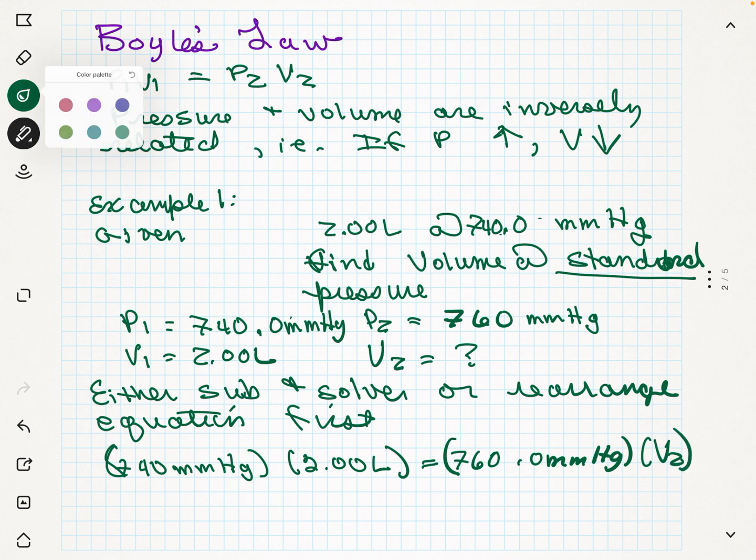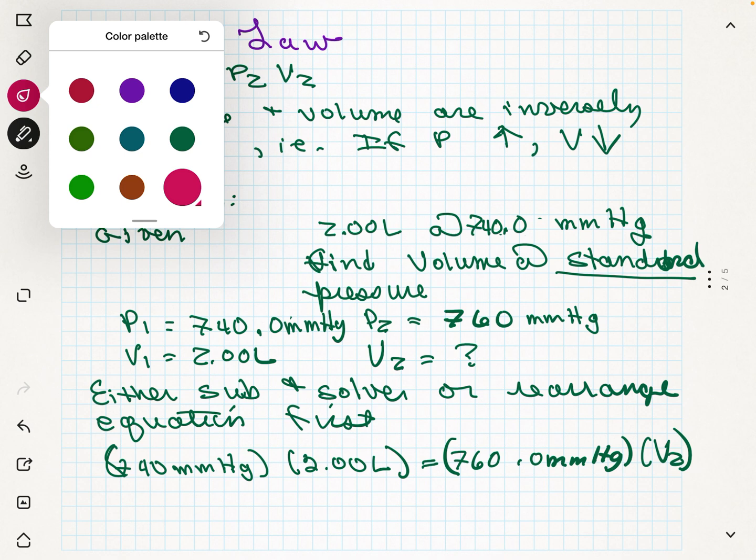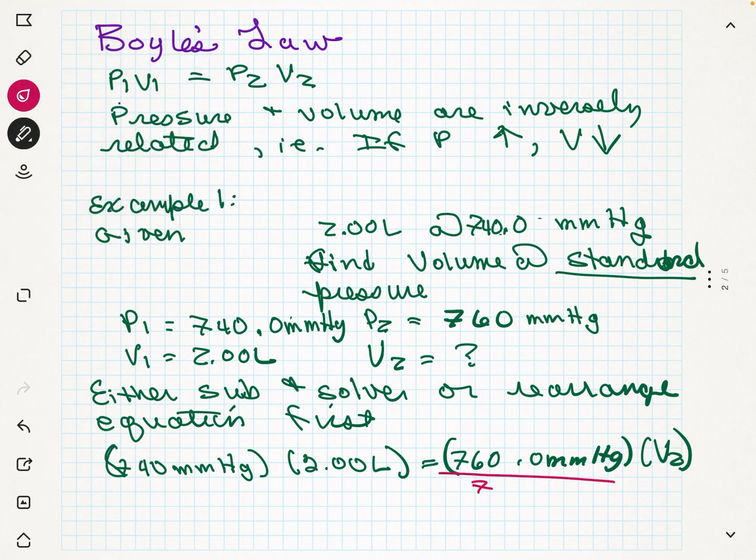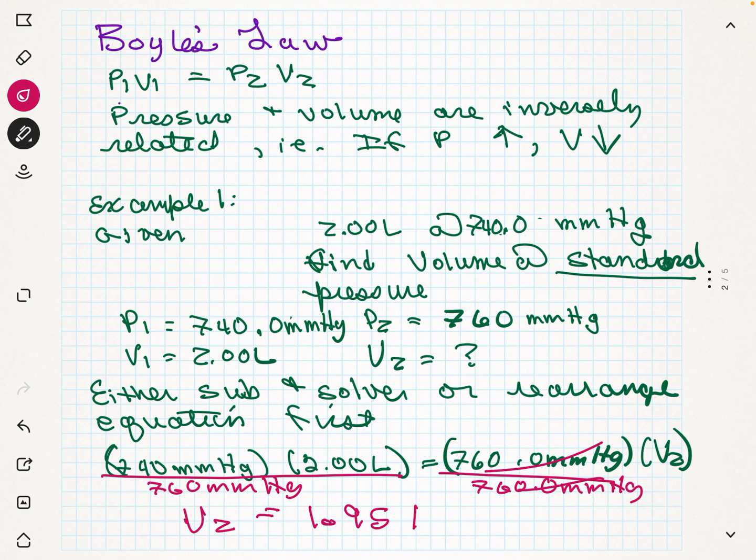We will simply do simple algebra to do this. We're going to divide each side by 760.0 millimeters mercury. We'll be able to cross this out, and we will end up with V2 equals 1.95 liters.